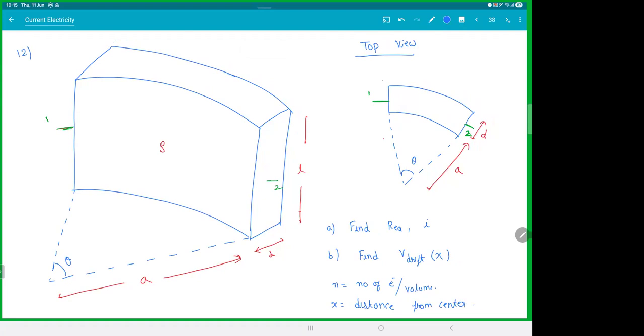First, that's R equivalent. That's the main thing here. How will you choose an element here? How do I tell what this thing looks like? It's like you took a block and you bent it. The picture was clear though.